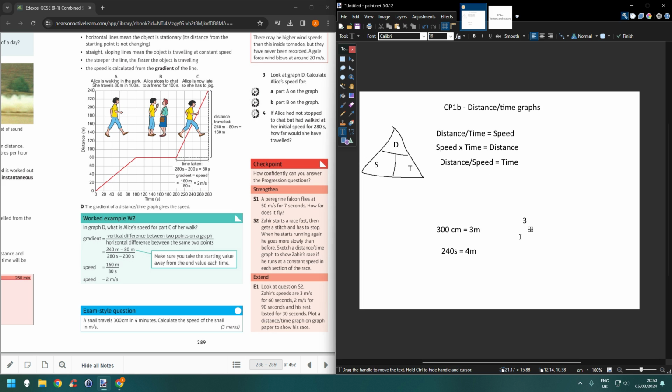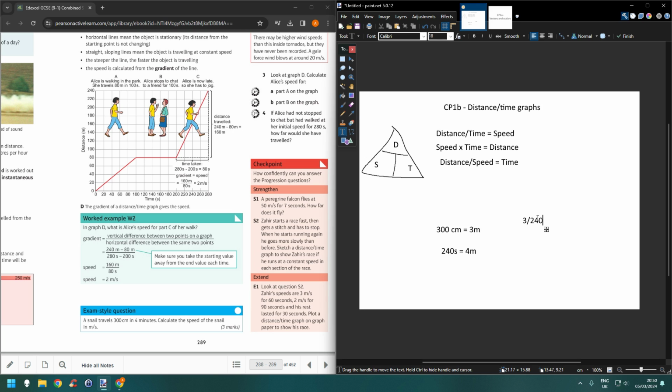So we do 3 meters divided by 240 seconds. So if I just get my phone out to use a calculator, we can do 240 divided by 3. 240 divided by 3 meters equals 80.